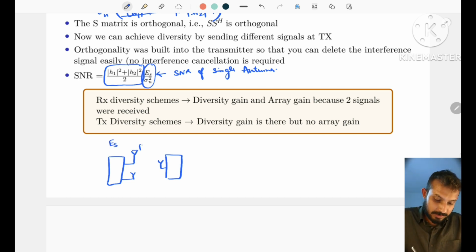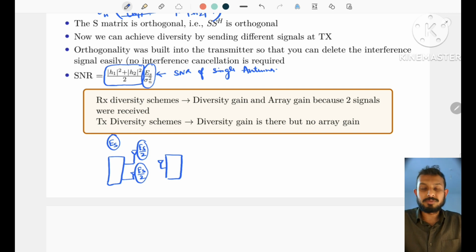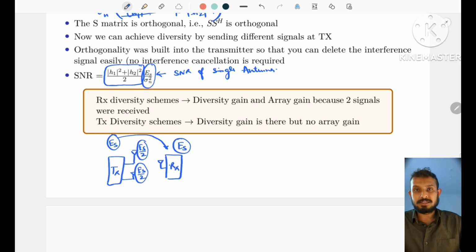You divide the signal into ES by 2 and ES by 2. ES was the total power transmitted from the transmitter. And at the receiver side, you have one antenna, so it will only get ES here at the receiver.